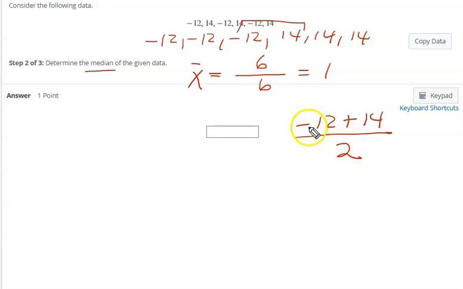Well, the average of a negative 12 and 14 is 2 when we do this subtraction. So 2 over 2 equals 1. So our median then is 1. That is, in a sense, halfway through your data. So we'll put a 1 there and continue.